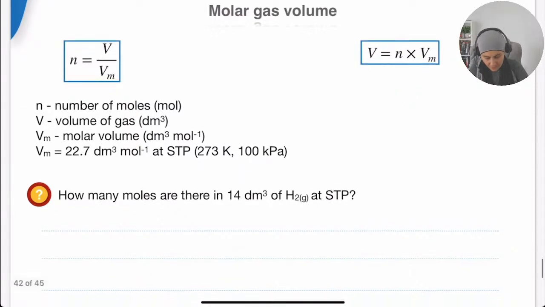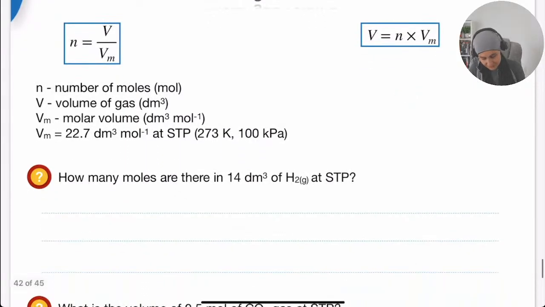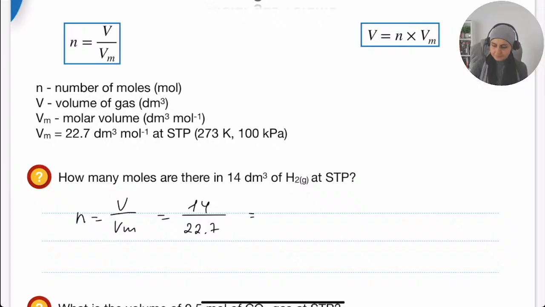Example: how many moles are there in 14 cubic decimeters of hydrogen gas at STP? We need moles, so I use the first formula. 14 over 22.7, that is 0.62 moles.